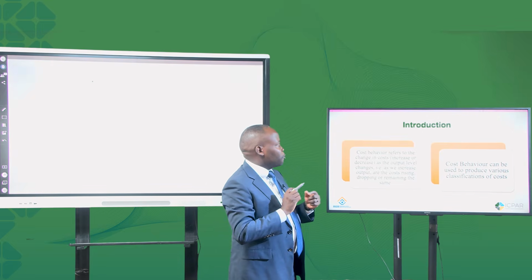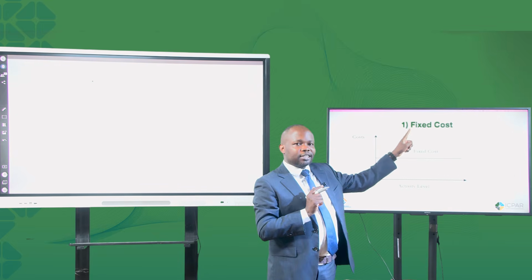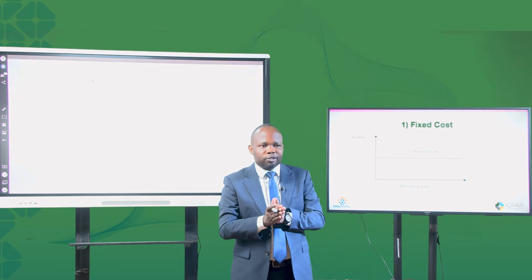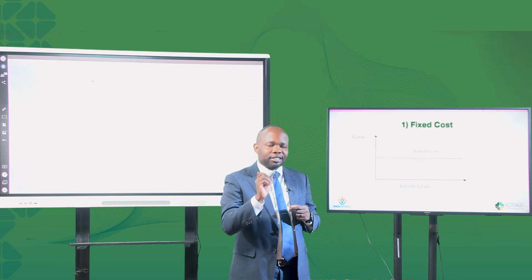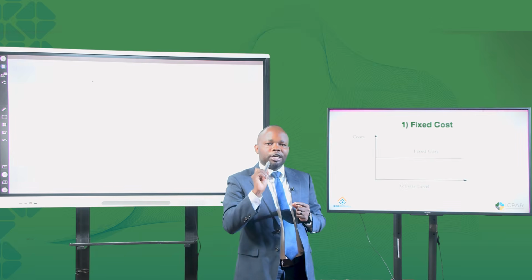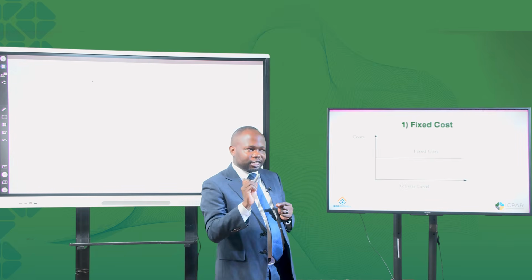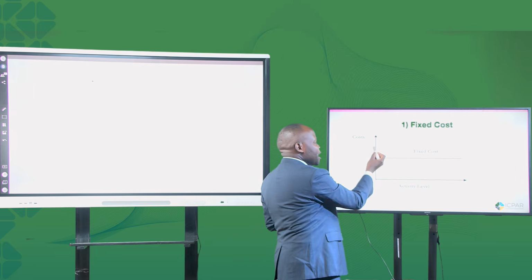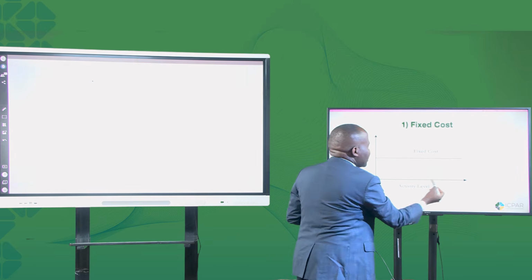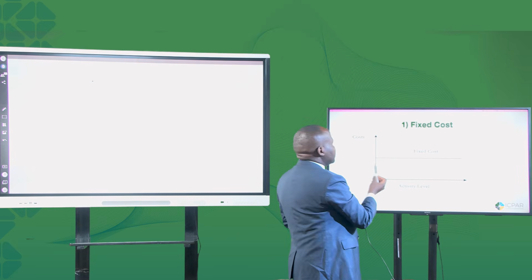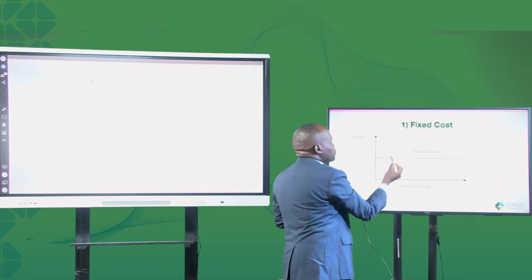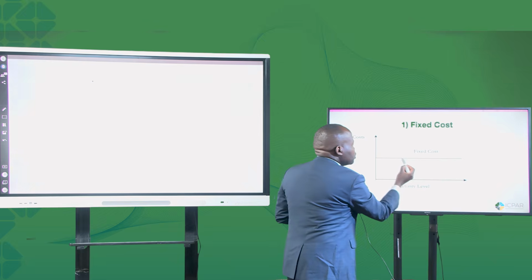The first type of cost is called a fixed cost. In chapter 2, we defined fixed cost as a cost that is constant throughout the activity level. So if the x-axis represents activity and the y-axis represents cost, a fixed cost is a cost that does not change.